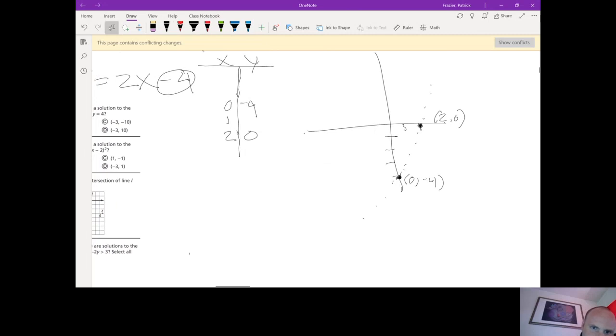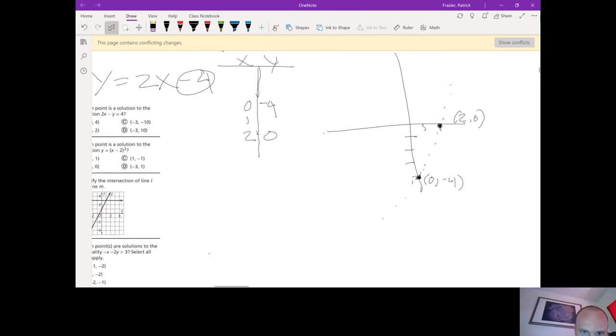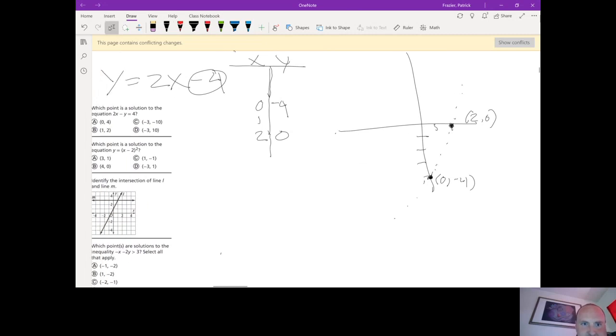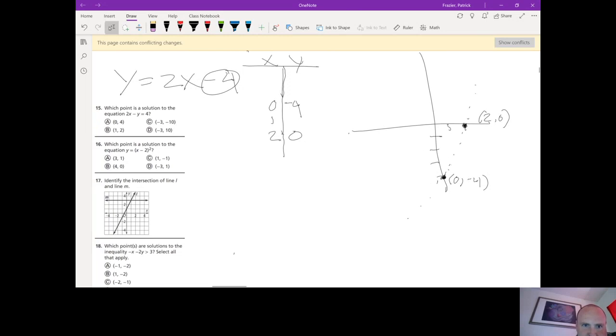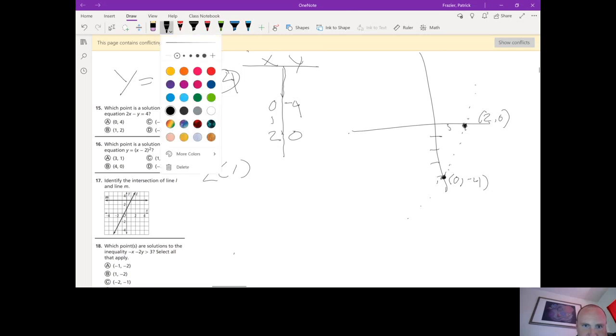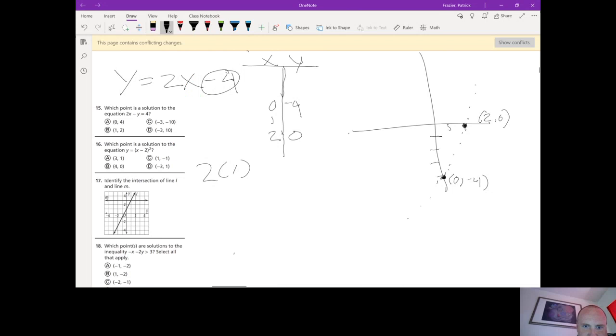Speaking of which, what's the ordered pair for when x equals 1? Well, if we substitute x for 1, 2 times 1 is 2, minus 4. 2 minus 4 is negative 2.